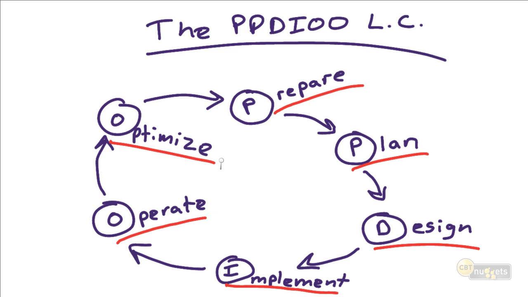Now, in the CCDA, what are our concerns? Well, our concerns are obviously going to be the prepare phase, the plan phase, and the design phase. Sure, we have the luxury of doing those phases and then handing them off to the engineers that are going to implement and operate and optimize this network's life cycle.